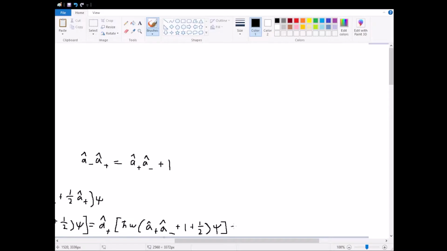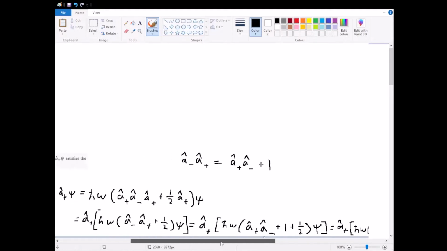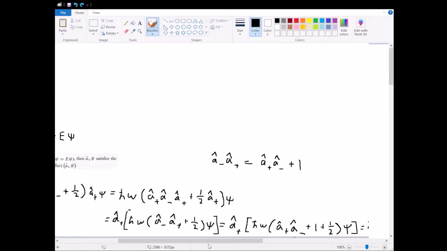So this is actually equal to a hat plus times h bar omega times (h hat plus 1) times psi, where all I've done is take this a hat plus a hat minus plus 1/2 and turn it into h hat, the Hamiltonian operator, because we defined that earlier, right here, as h hat equaling a hat plus a hat minus plus 1/2.